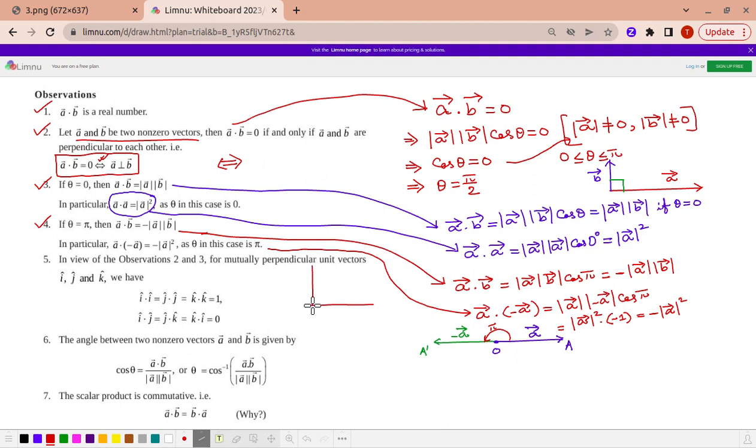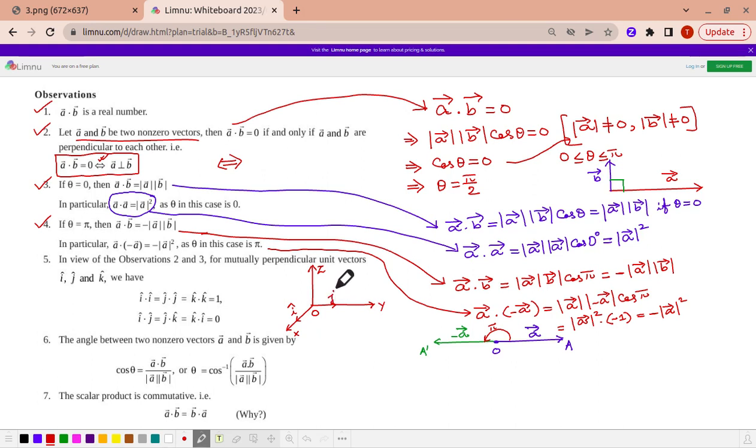Now let's assume O is the origin, and this is the x-axis, this is the y-axis and this is the z-axis. Now what is i cap? It is a unit vector in the direction of the x-axis. So maybe like this we can define this as i cap, and this we can define as j cap.